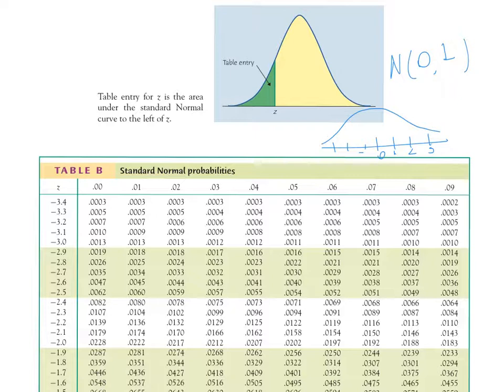So we have 1, 2, 3 to the right, -1, -2, -3 to the left, and the graph is almost done.